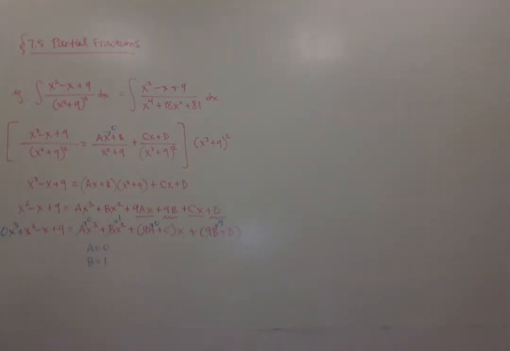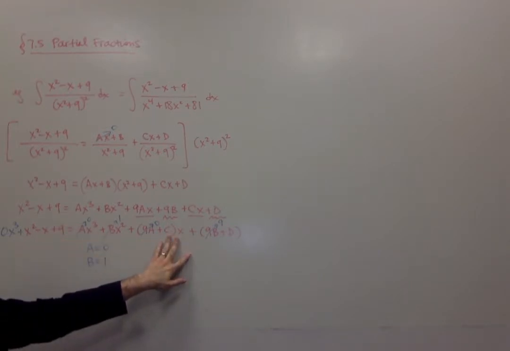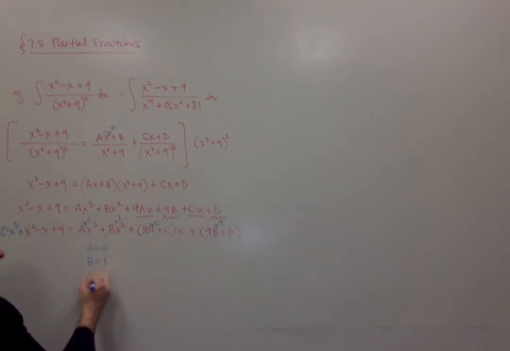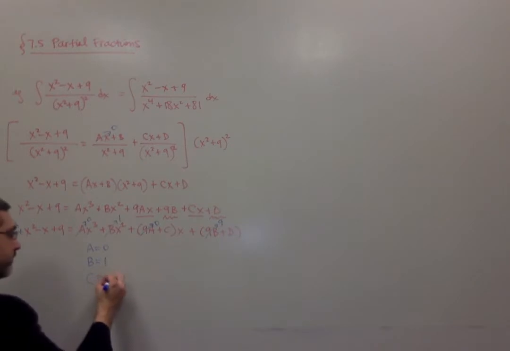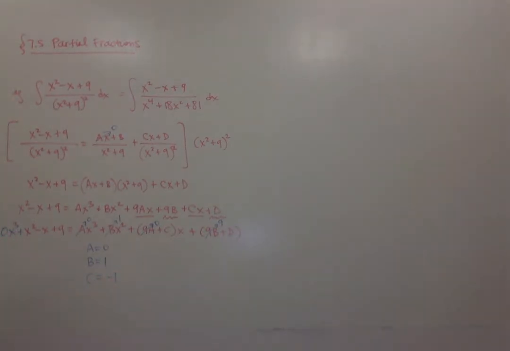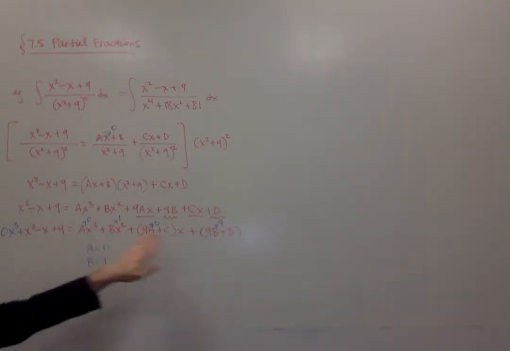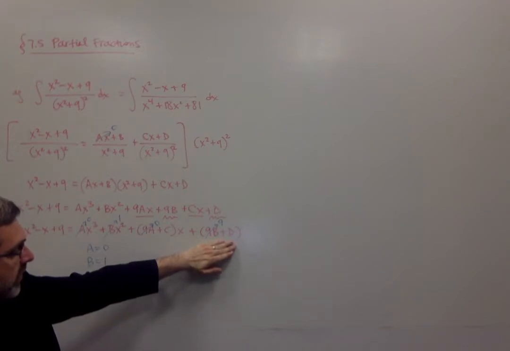Now, can you figure out c? The x term on this side is negative x. The x term on this side is cx. So what does that tell you c has to equal? C is going to have to equal negative 1. And now, the constant term on the left side is 9, and the constant term over here is 9 plus d.